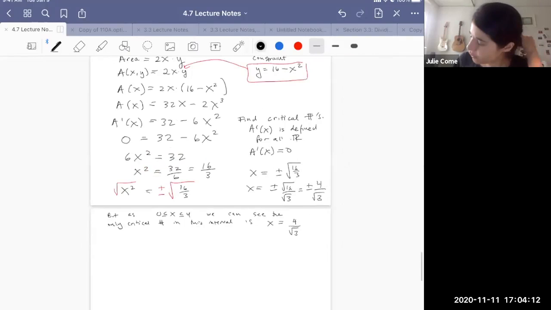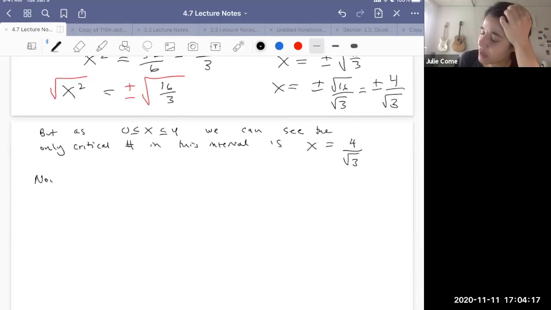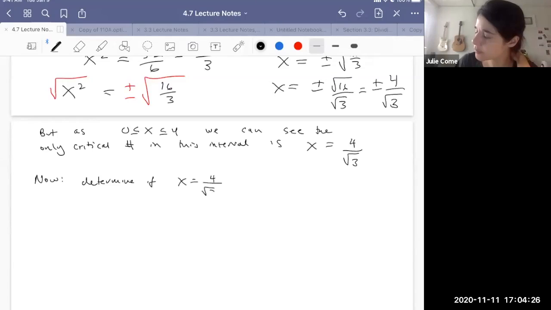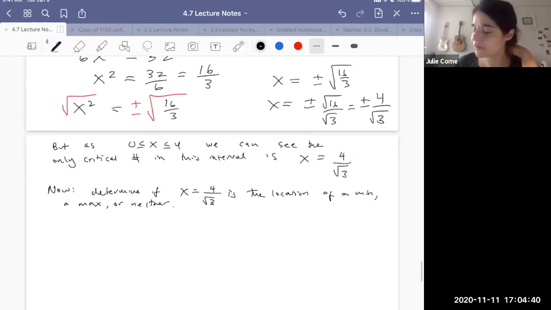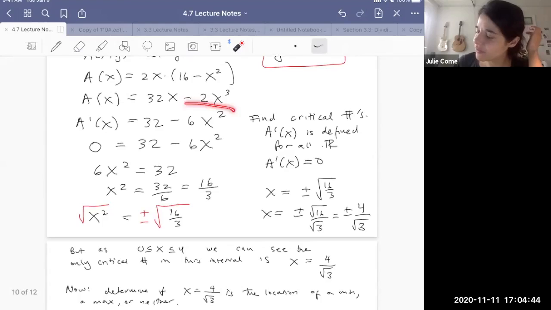And now we want to determine whether that critical number is a min, a max, or neither. And again, to do this, we could either do the first derivative test. We could factor the first derivative slightly.